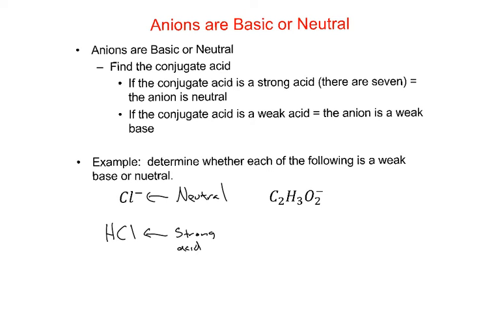When I take the acetate ion, its conjugate acid is going to be acetic acid. Acetic acid is not one of our strong acids, so it's going to be a weak acid. If acetic acid is a weak acid, then its conjugate base is going to be a weak base.